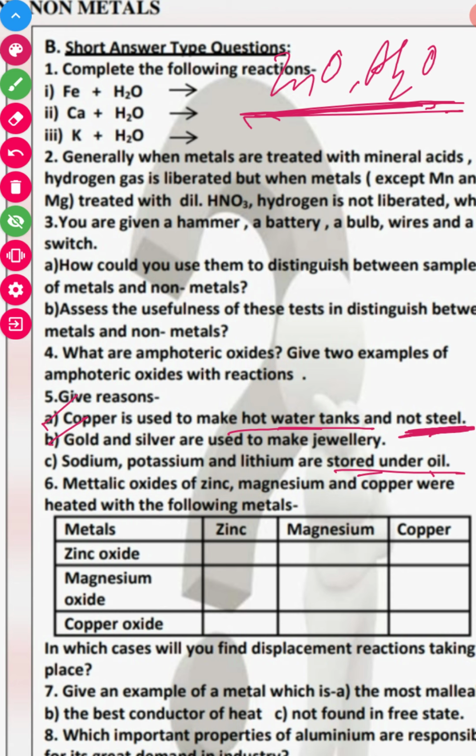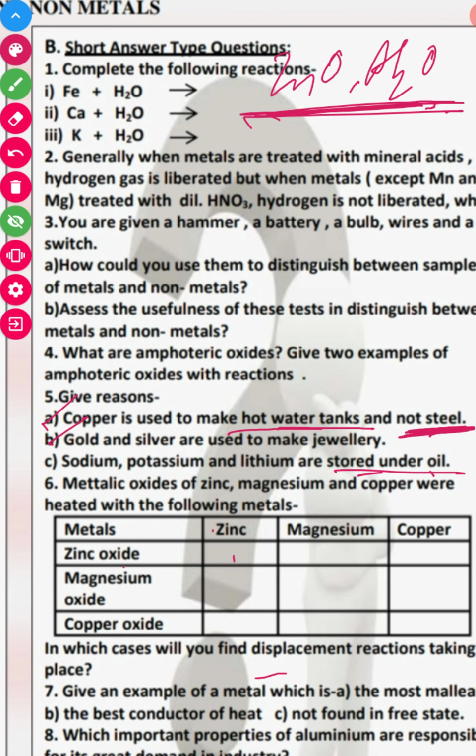Okay. Next question: metal oxides of zinc, magnesium, and copper were heated with the following metals. When zinc oxide is heated with zinc, in which case will you find that displacement is taking place?